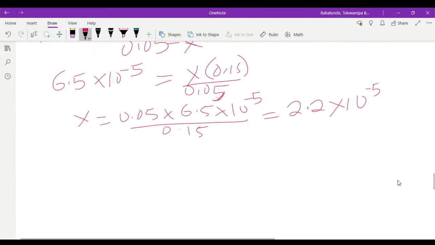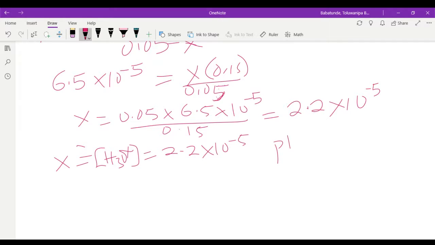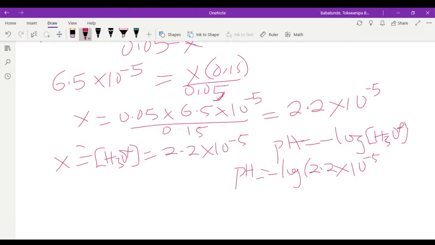And of course, we know that our x is our hydrogen ion concentration, which is going to be 2.2 times 10 to negative 5. And the pH is going to be equal to negative log of hydrogen ion concentration, and pH is going to be negative log of 2.2 times 10 to negative 5, and that gives us 4.66.